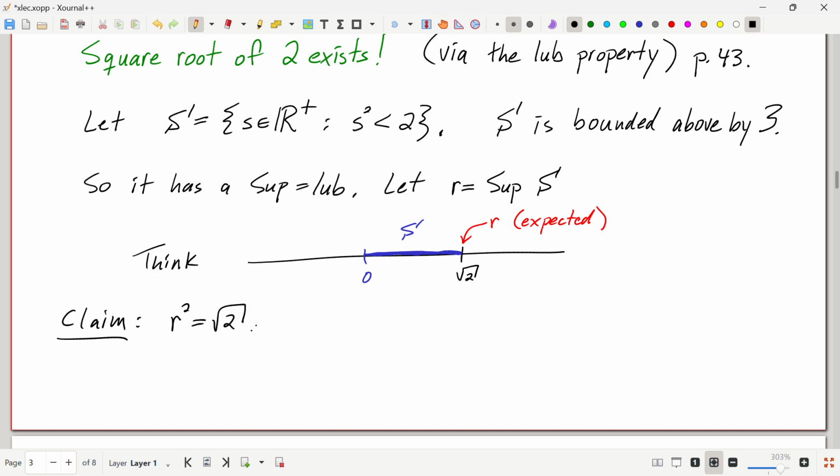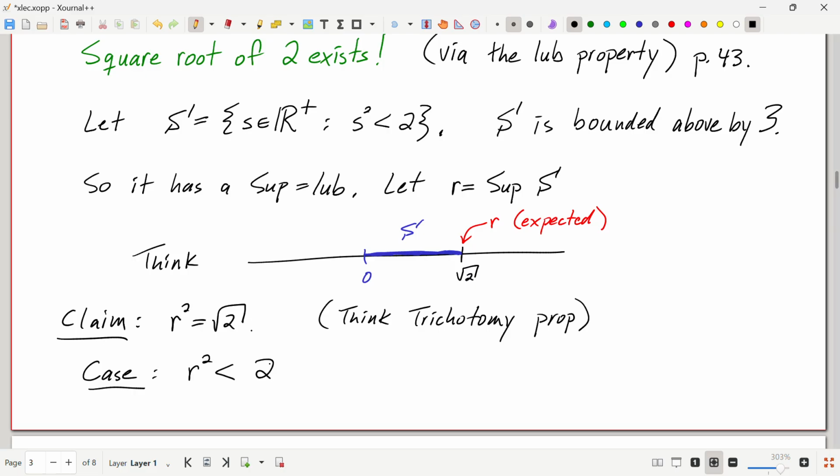All right. Well, remember the trichotomy property. Give me two numbers. They're either equal, or one's bigger, or one's smaller. Let's do the case where R squared is less than 2. Let's think about that.